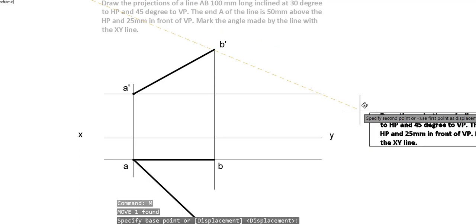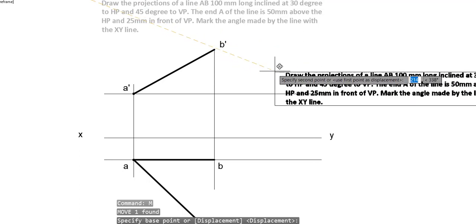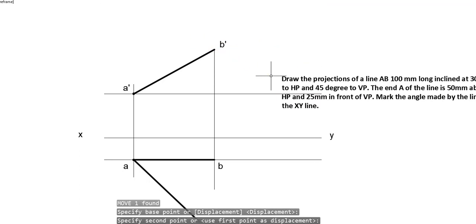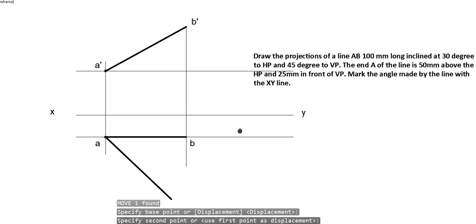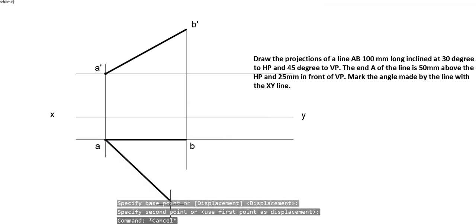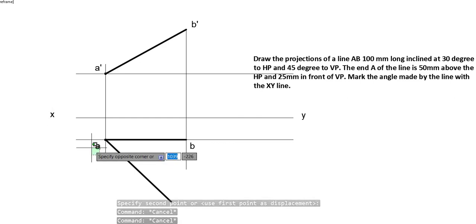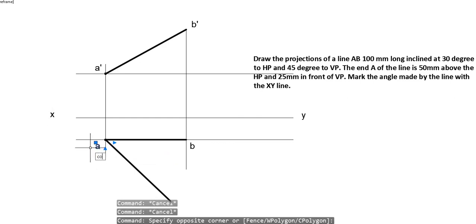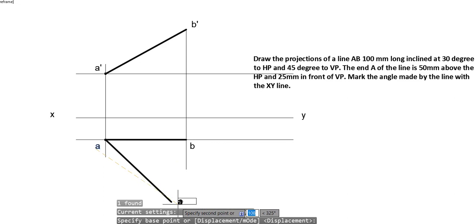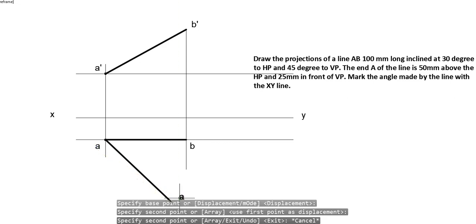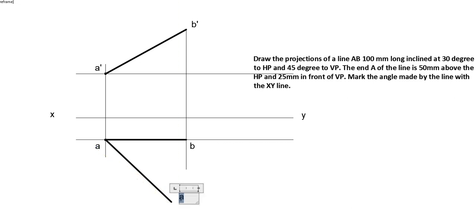Just move this question so that you can see it. Now we have to mark the front view of this point also. So this is going to be B, and I will name it B1.